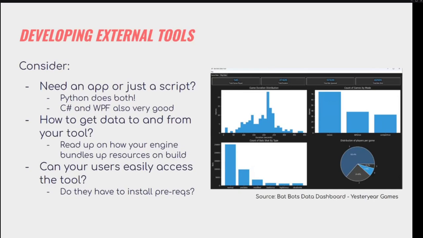Right? So now going category by category, if you're going to develop external tools, there's some stuff you need to consider. Do you need a whole app, or can it just be a script? If you're looking to learn a programming language that can do both, I recommend Python, because Python can build desktop apps very cleanly using tkinter with some extra libraries.